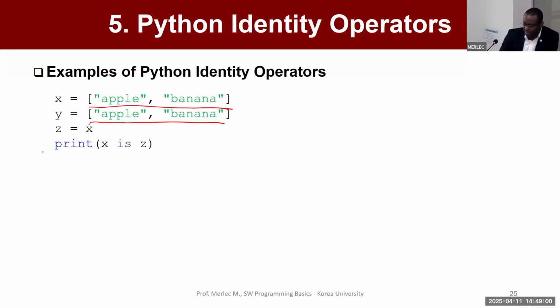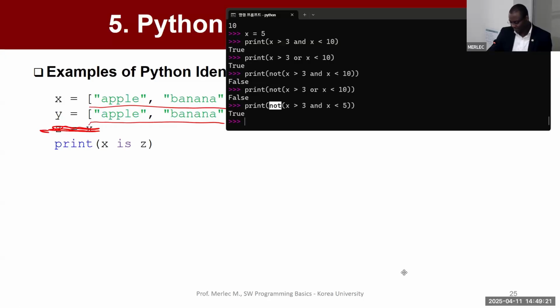I would like to check whether x is y. At this stage, let's ignore this one. But if I put this instruction, print x is z, what will be the result? What could be the result?